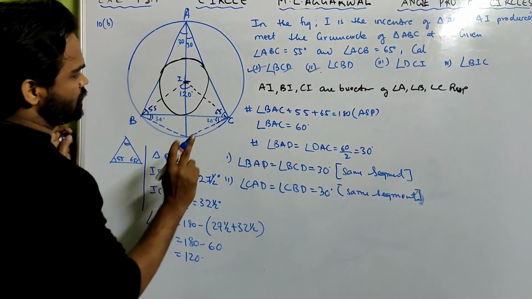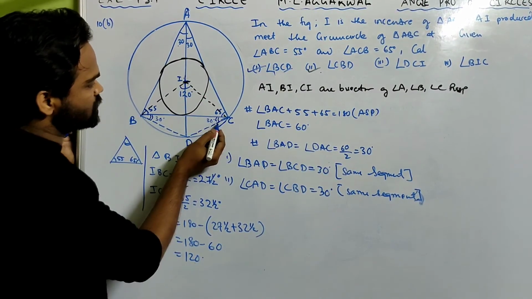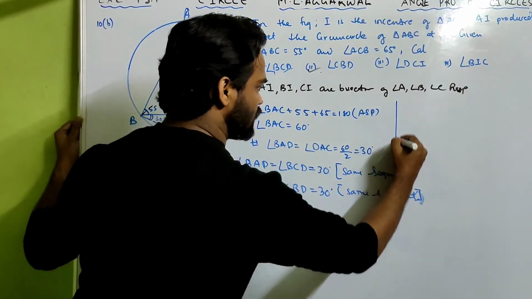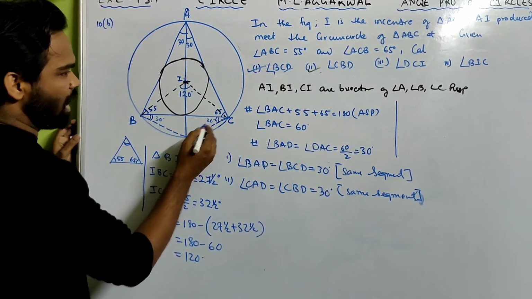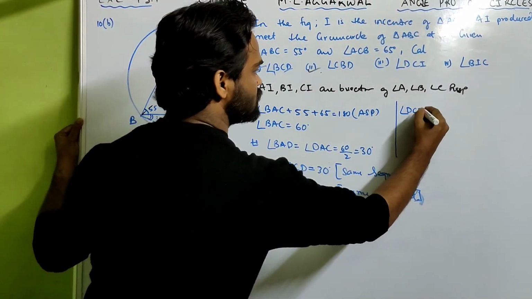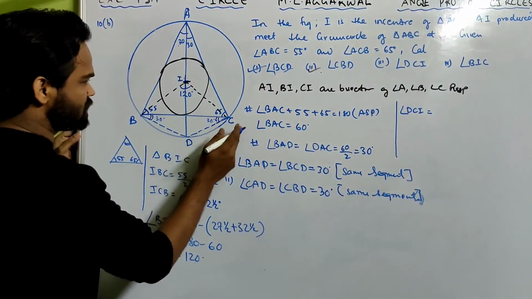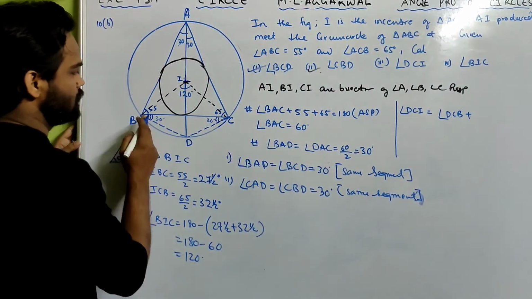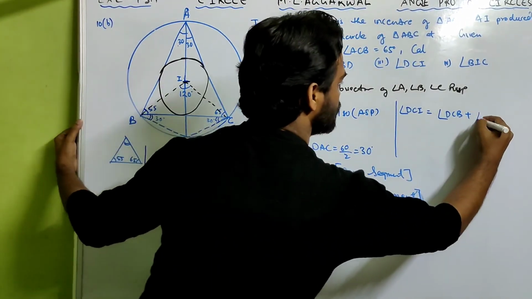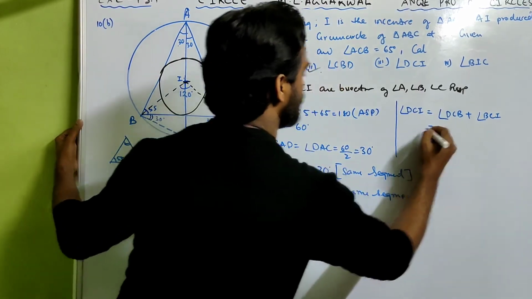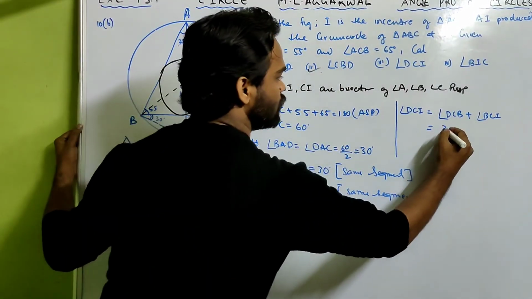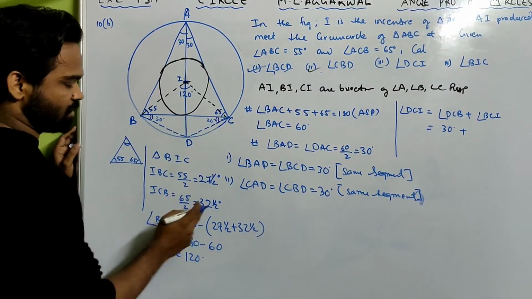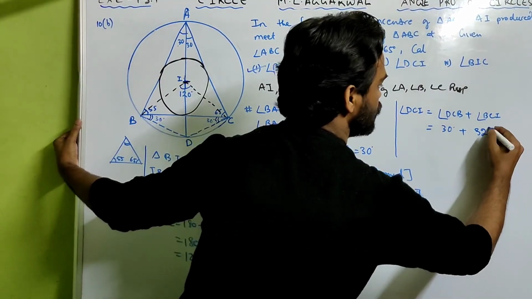Now look at DCI. How to find DCI? This is 30. Done too. Angle DCI, if you look carefully, is made up of angle DCB plus angle BCI. Now DCB is 30, and BCI we just got is 32.5 degree.